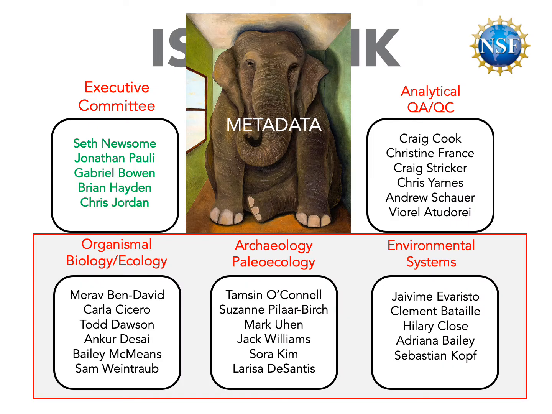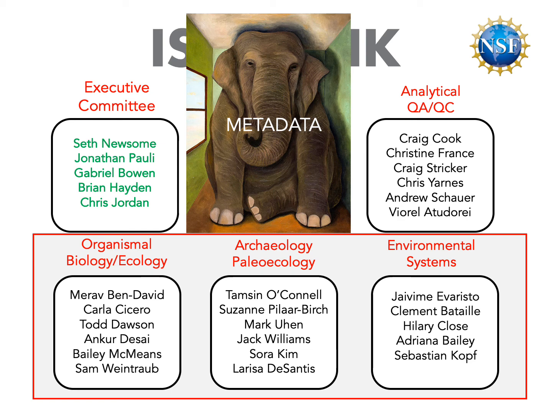In addition, as Seth likes to say, the elephant in the room, of course, is the metadata, which is the most complicated aspect of trying to create a central repository like that, and is the focus of several of the subcommittees of IsoBank, trying to figure out exactly what kind of metadata each of these subdisciplines would find useful to include in a centralized data repository for stable isotopes.